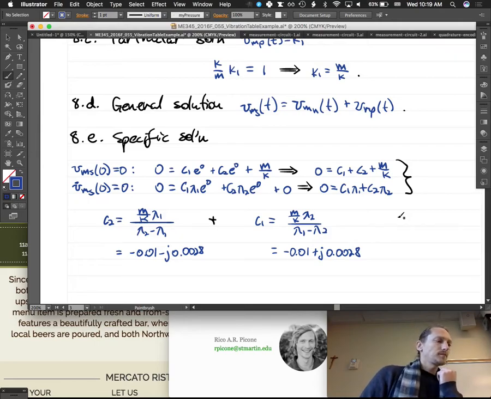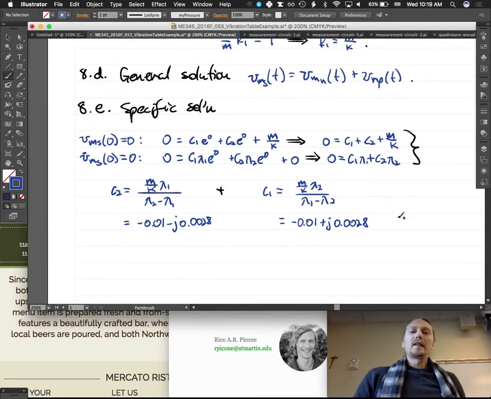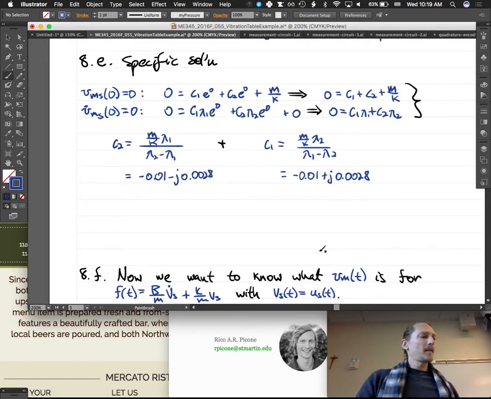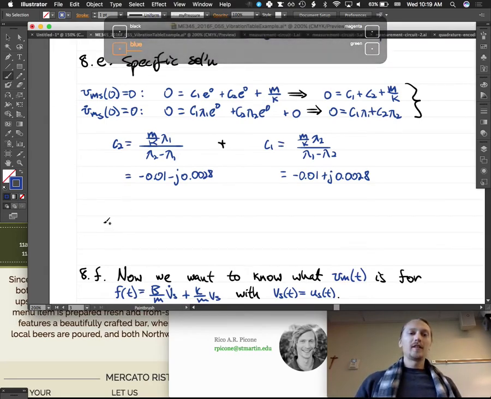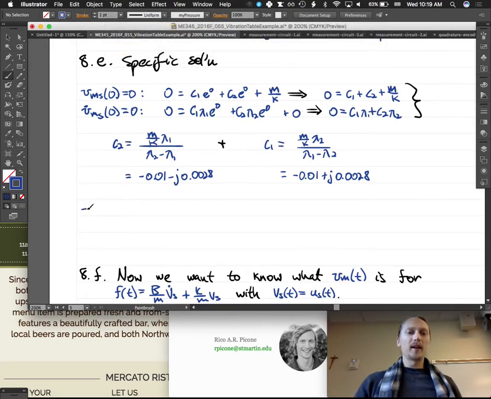Okay? It's just a complex number. Now, we have our constants. They are complex, right? Which is fine. There's no reason we can't have that. What we need to do then is plug those constants back in.